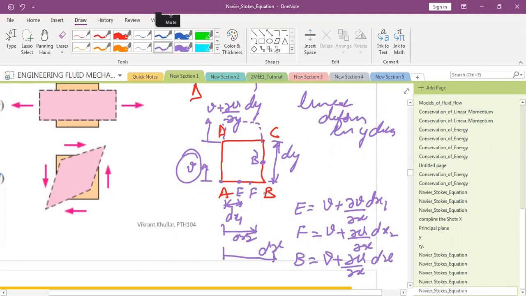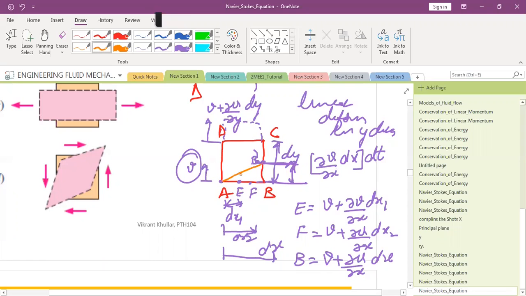So this distance b dash b is curly v by curly x into dx into dt. This is the distance bb dash. Is that clear?